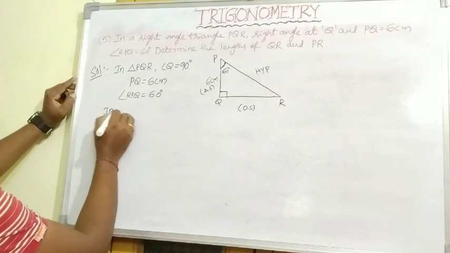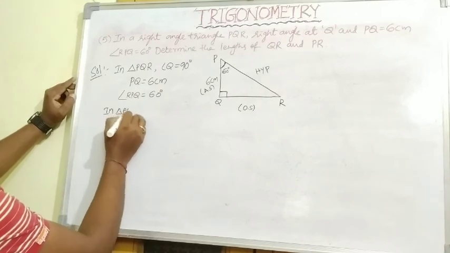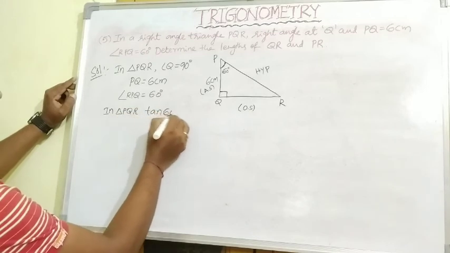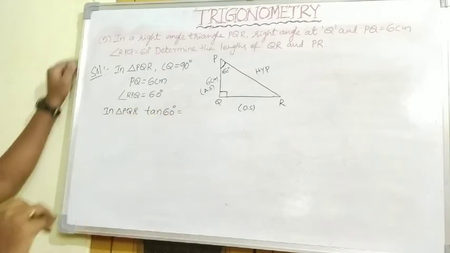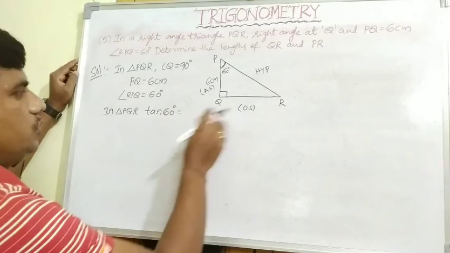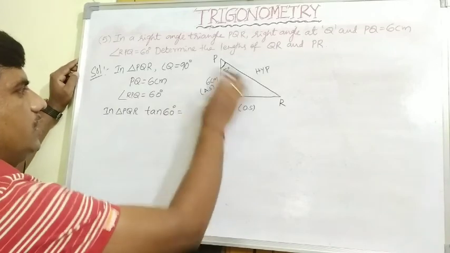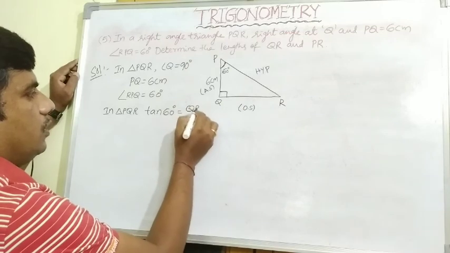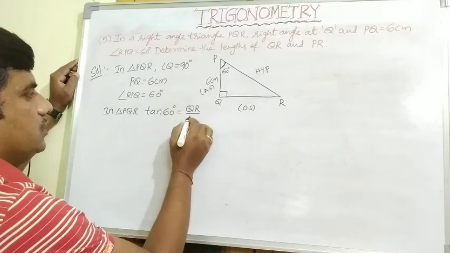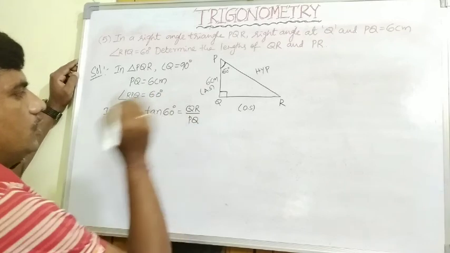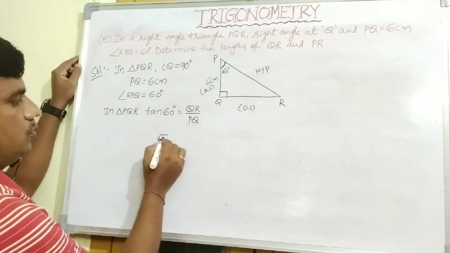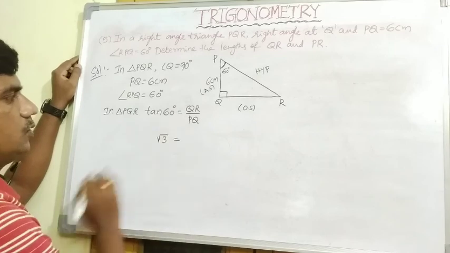So in triangle PQR, say for example we take tan 60 degrees. Tan theta means the ratio between the opposite side and the adjacent side. Your opposite side is QR, and the adjacent side is PQ. Tan 60 value is root 3.